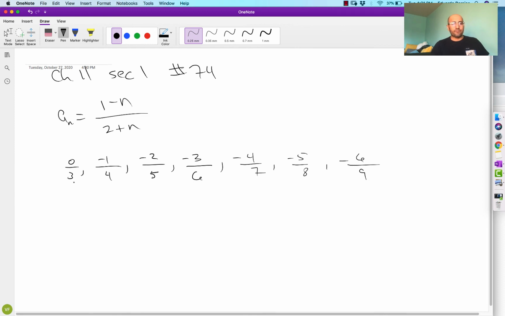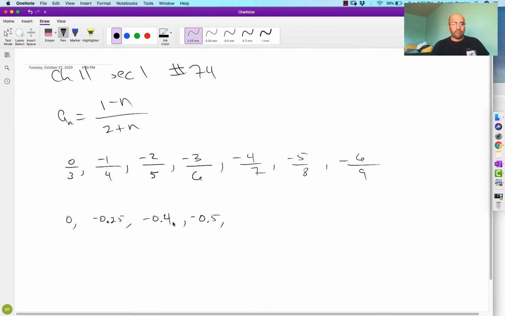So this is just 0, and then negative 0.25, and then, no wait, this is negative 0.4, which makes more sense.